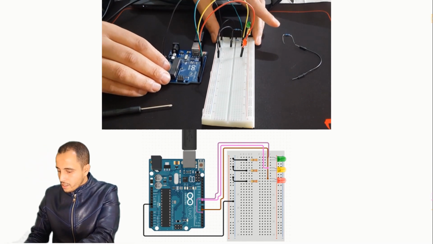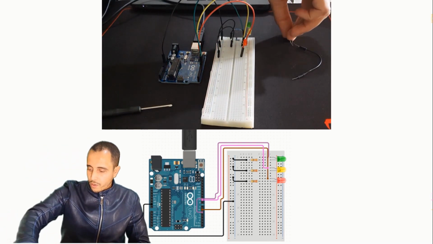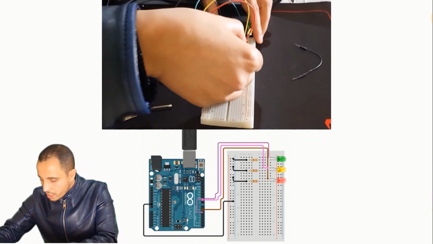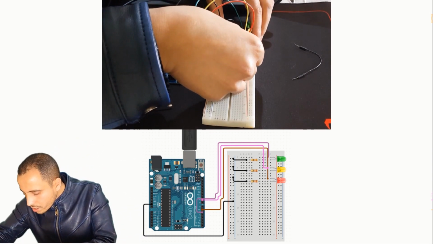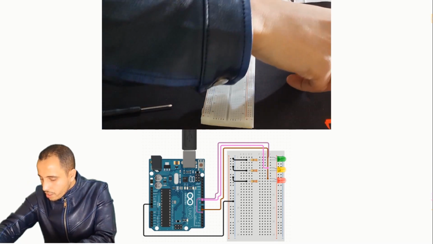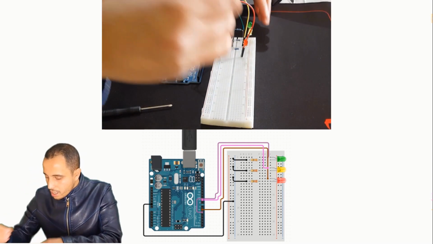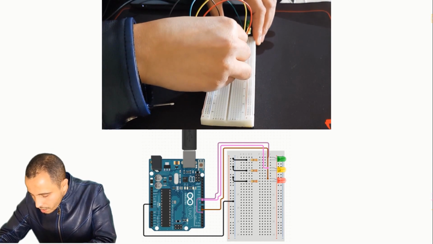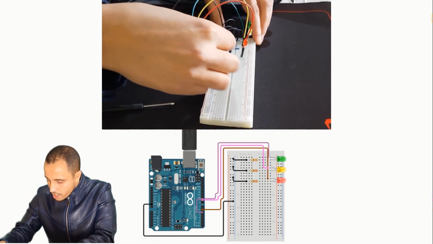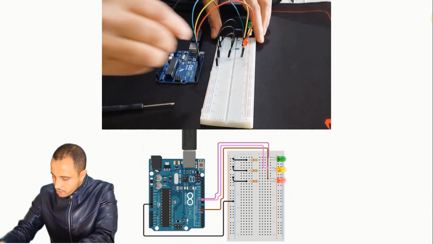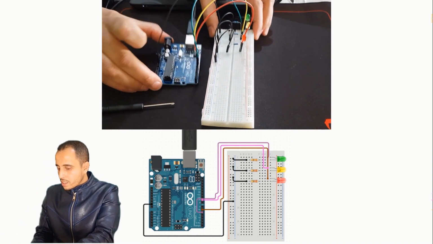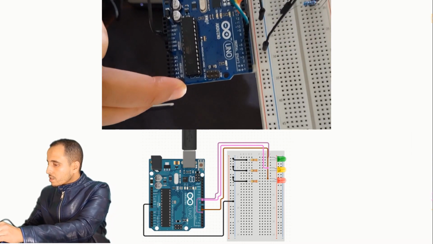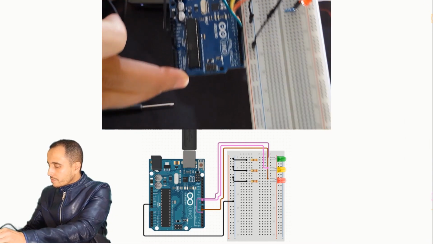Like this. And of course, the shorter leg is going to be connected to the ground via a resistor. Now you can see, so this is our circuit, as you can see here.